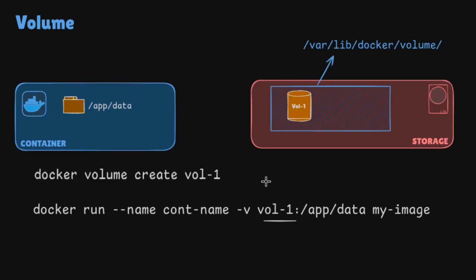But in the case of bind mount, say for example you are using the Windows operating system, the folder path you will be writing at the time of container creation might differ. How to write the path in the case of Windows, in the case of Linux, in the case of Mac, the locations might differ.